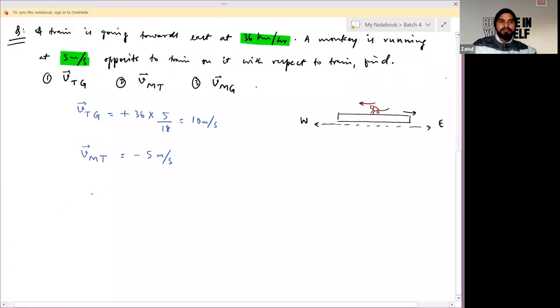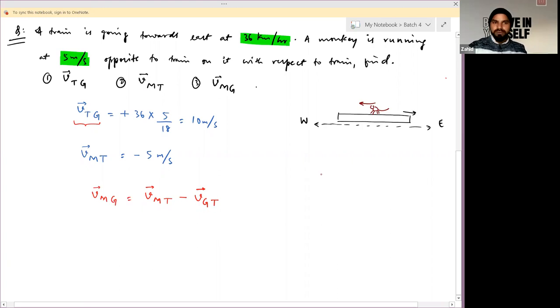So velocity of monkey with respect to ground, just write it as velocity of monkey and velocity of ground, with respect to same term, t and t. If reference is same, then there will be a negative sign in between. Now, we have given velocity of train with respect to ground, but in this part, we have velocity of ground with respect to train.